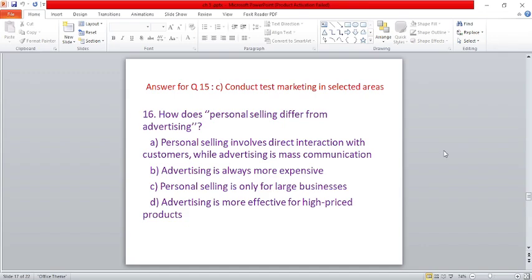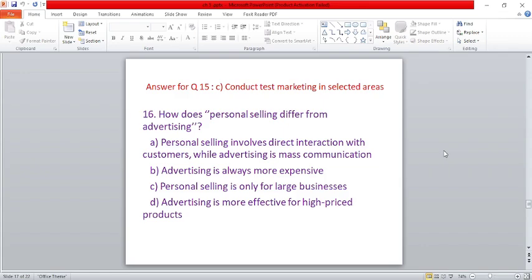C. Personal selling is only for large businesses. D. Advertising is more effective for higher priced products. The answer for question number 16 is A. Personal selling involves direct interaction with customers, while advertising is mass communication.